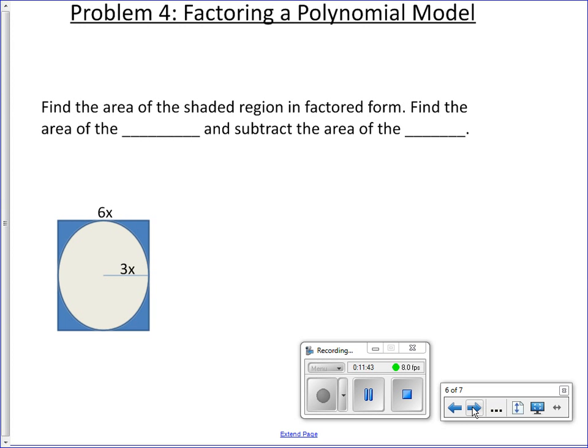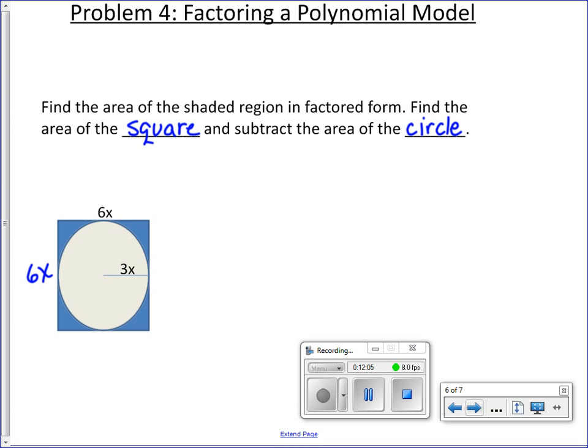And I'm going to mark this side 6x so that all sides have the same length. What we're going to do first is find the area of the square, and then we're going to subtract out the area of the circle since it's not part of the shaded area.